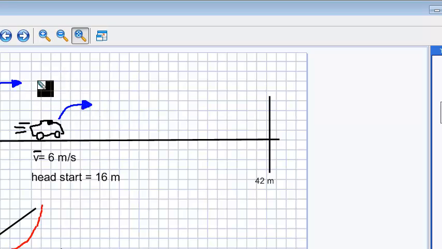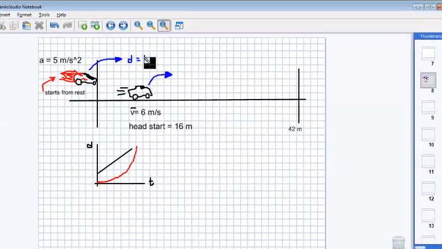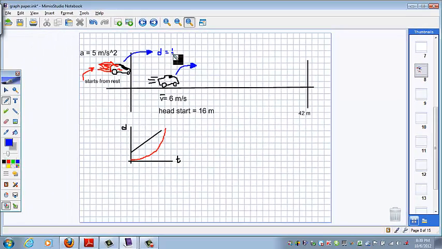And hopefully you answered that this guy needs to have an accelerated equation, so he's going to have the d equals 1/2 at squared equation, 1/2 at squared plus initial velocity times time. But what is the initial velocity? Well, it says he starts from rest, so this whole term is going to just disappear because 0 is the initial velocity.